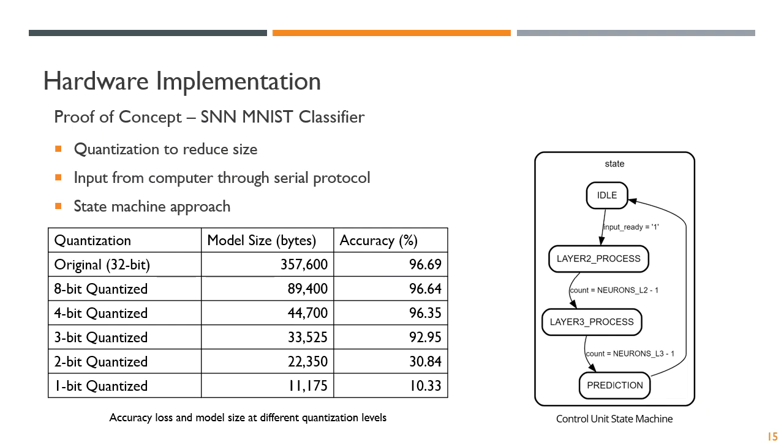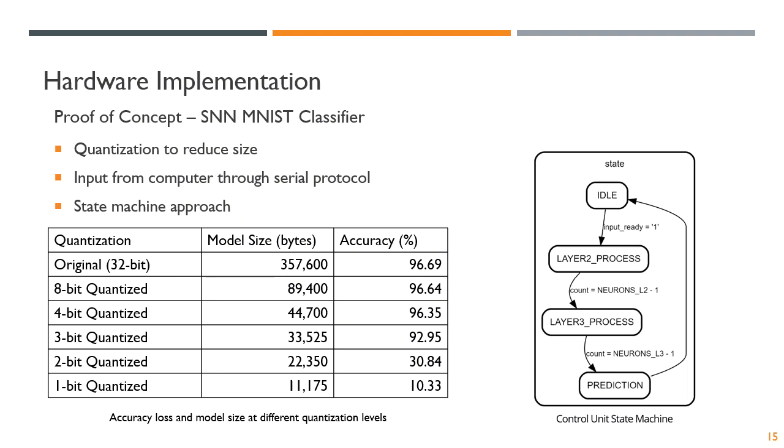This model was quantized as shown here, and we can see that even with quantization, the spiking neural network retains accuracy. So 4-bit quantization was picked as a good balance between model size and accuracy.